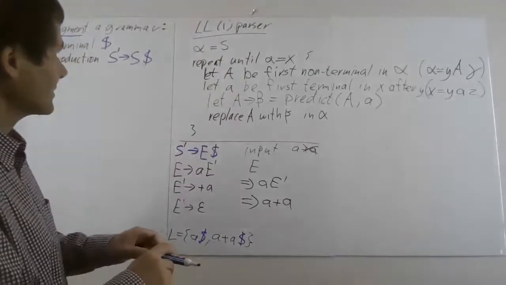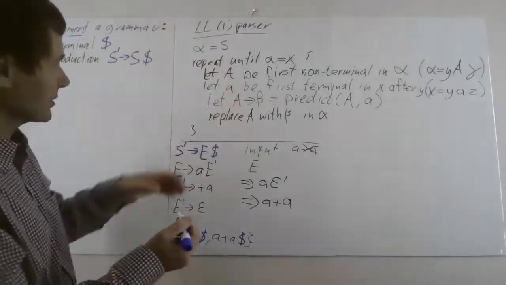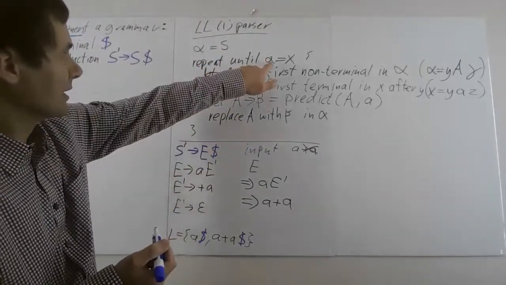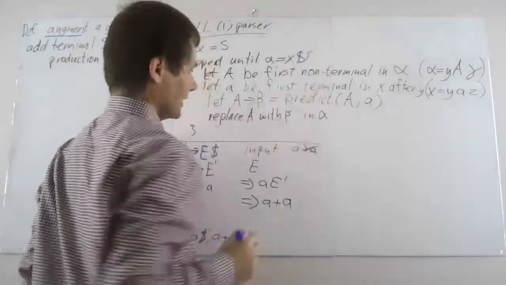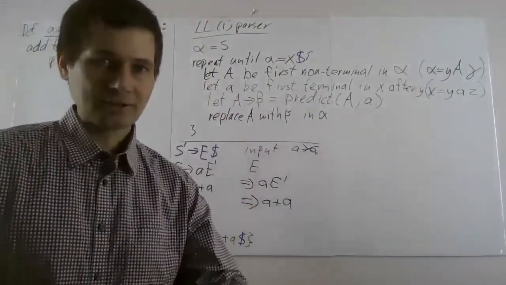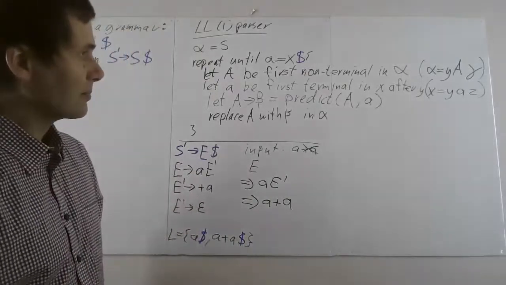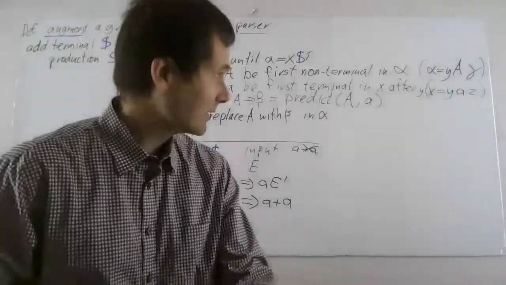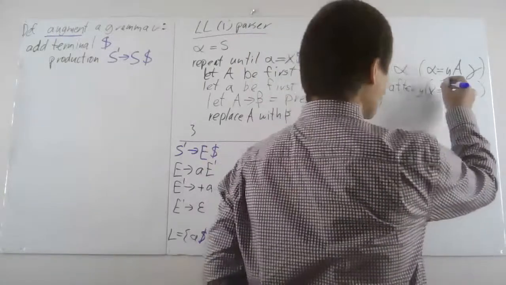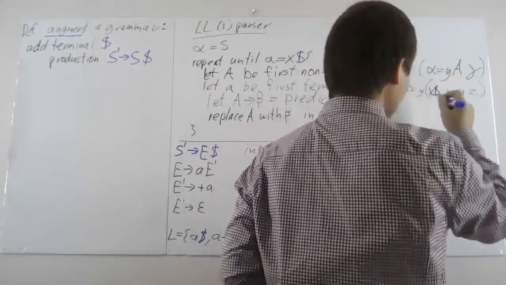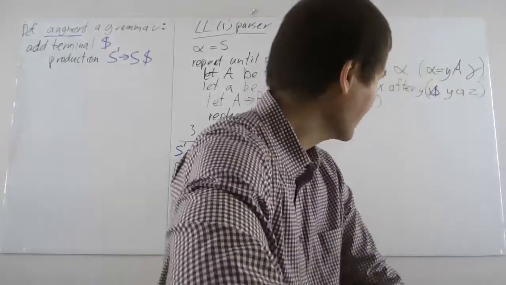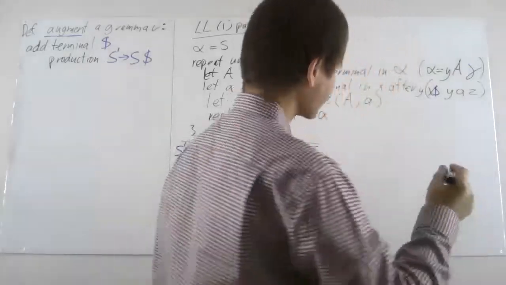And then similarly, I'm going to change the algorithm. I'm going to try to parse an input that's actually X $, and then the $ propagates here as well. So X $ is going to be YAZ.